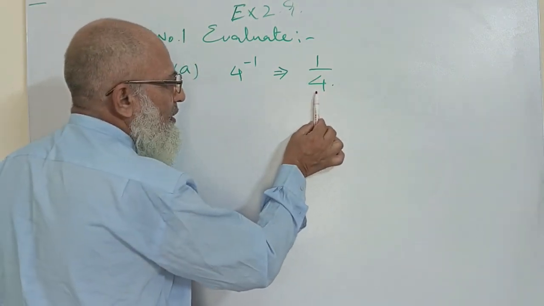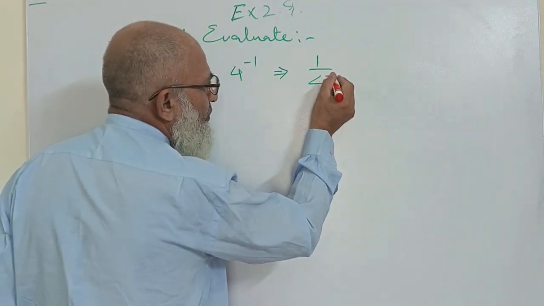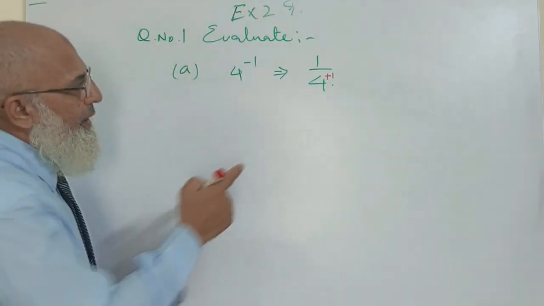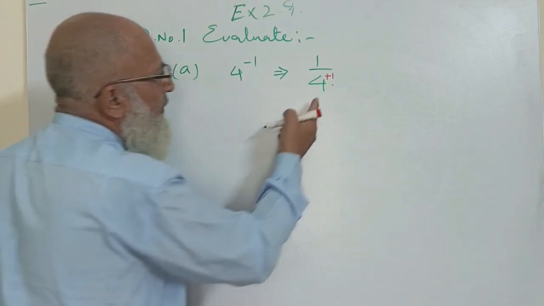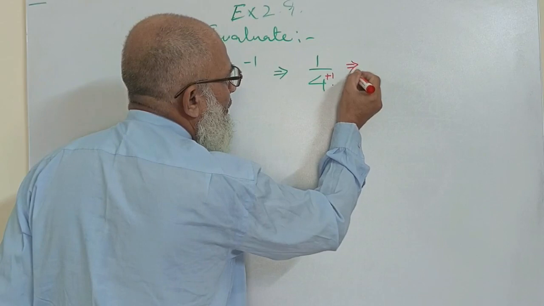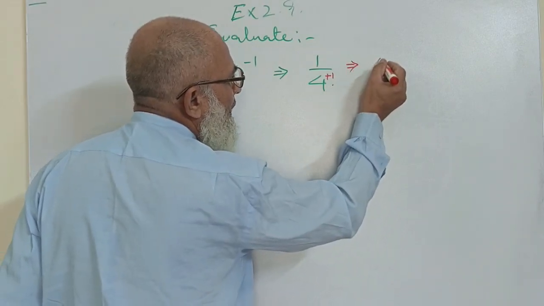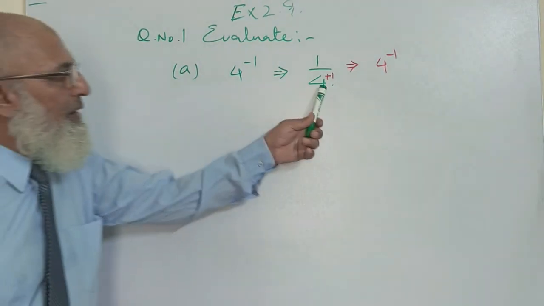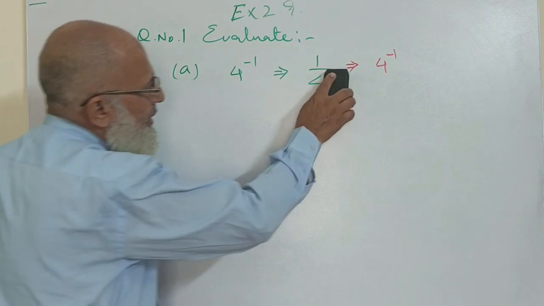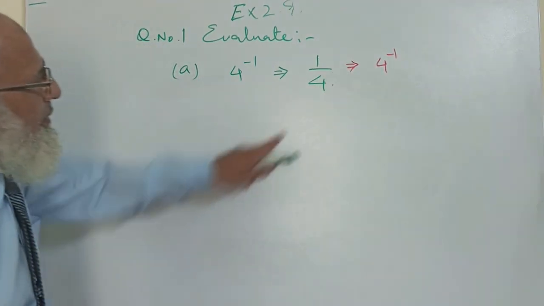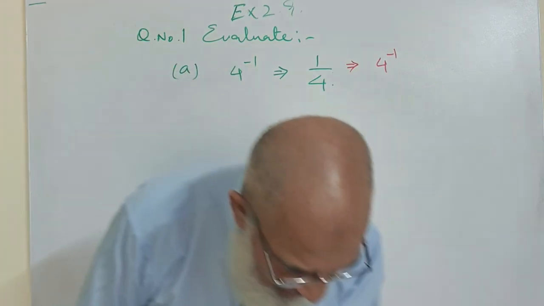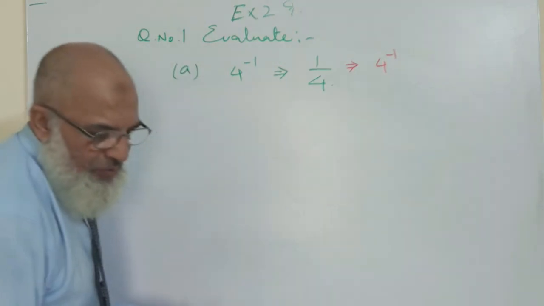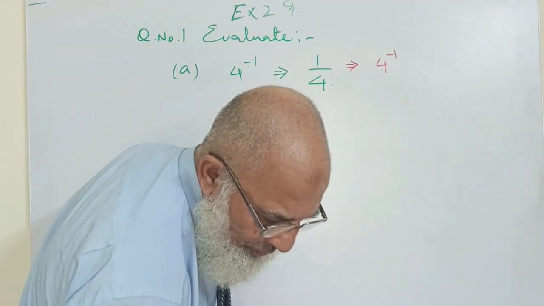In this case, it is a constant, raised to power 1. Here it is plus, and if I take it towards the numerator, it will be written like this. So this is our answer. Question number 1 is very much the same all over the world.